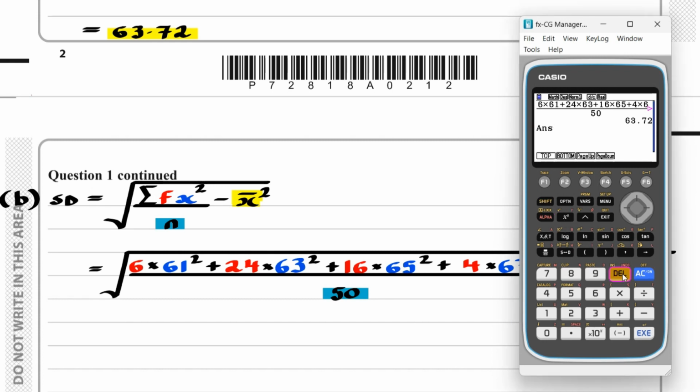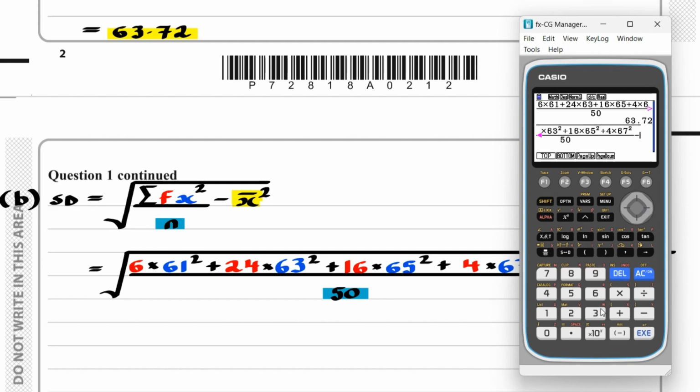So we have the square root of 6 times 61 squared plus 24 times 63 squared plus 16 times 65 squared plus 4 times 67 squared, divided by 50.